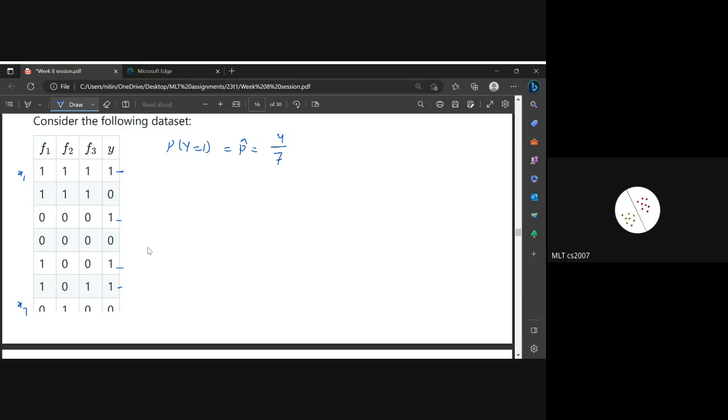Now, what is this value, say for f1? What is the estimate for this? What does this denote? The first feature F1 takes value 1, given that y equals 1, right?